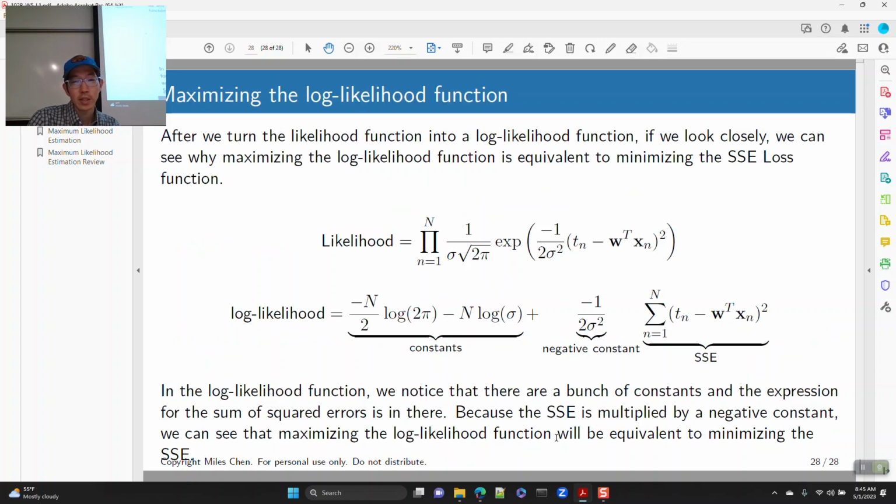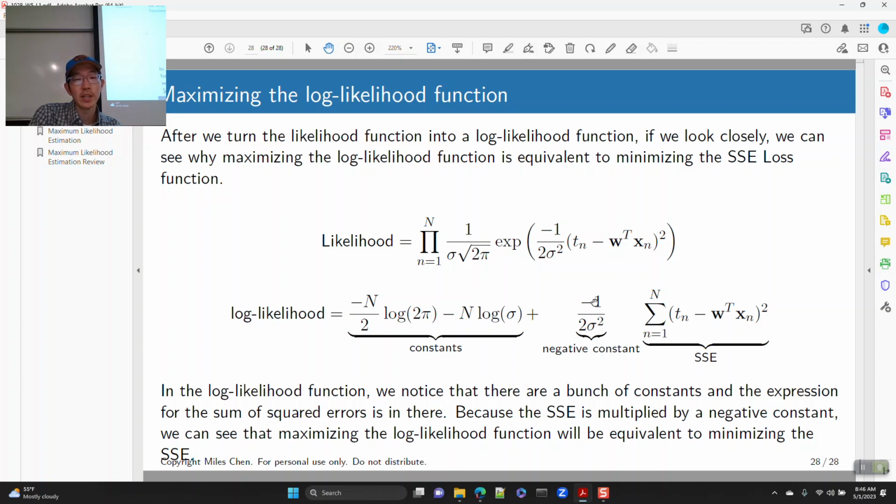If you look at the likelihood function, this was our likelihood function, and when we took the log likelihood, we got terms that are constant with respect to w. This is also a constant.